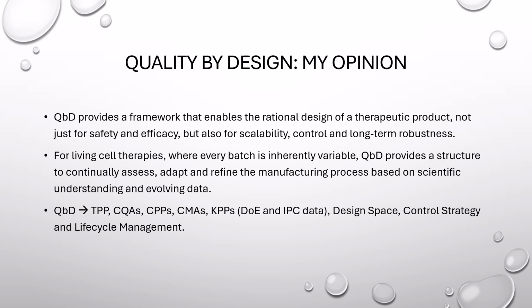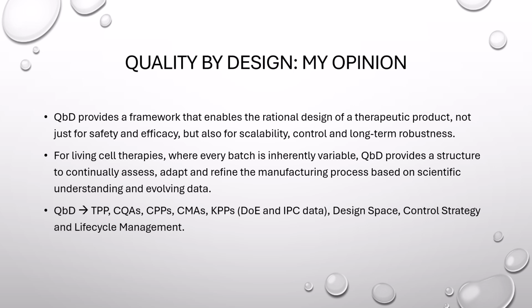I've got a separate presentation for quality by design, but what it involves is understanding your target product profile, understanding what you're aiming for in terms of the clinic, in terms of manufacture, and in terms of the quality of your product. Understanding the critical quality attributes, what needs to be controlled, what attributes have an impact on safety and efficacy in the clinic, and what manufacturing steps have an impact on your critical quality attributes: your critical process parameters and your key process parameters.